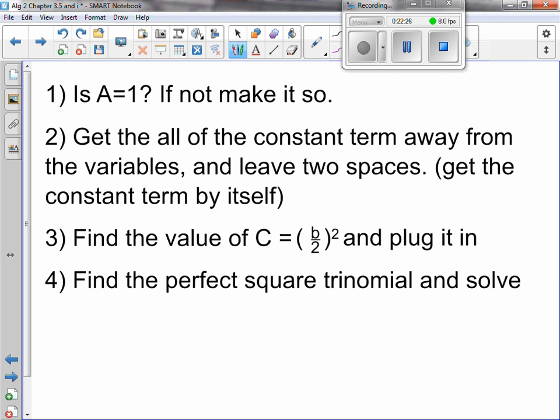If some of these steps don't quite make sense, when we go through them in a minute, they're going to make more sense. The understanding of what we're doing and why we're doing it will make sense as we do this.